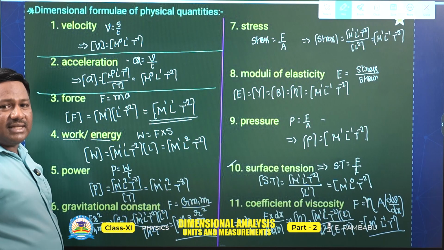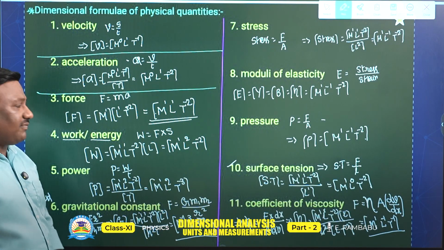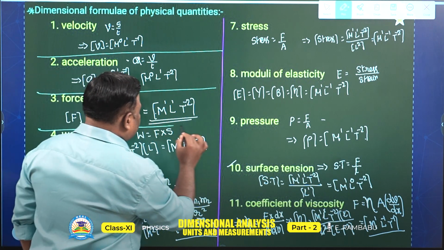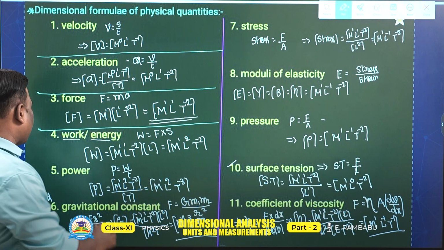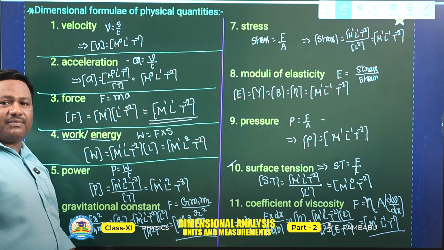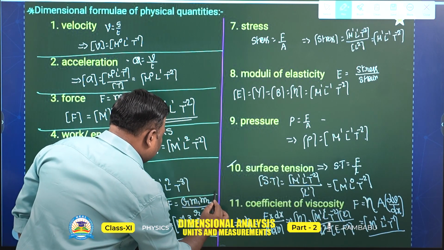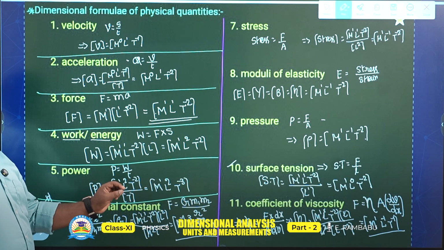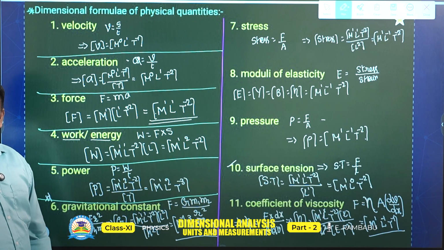Next one is acceleration, calculated using the rate of change of velocity. Next, force: force is nothing but mass into acceleration. Next is work: work is nothing but force into displacement. And power: the rate of change of work or energy is known as power.